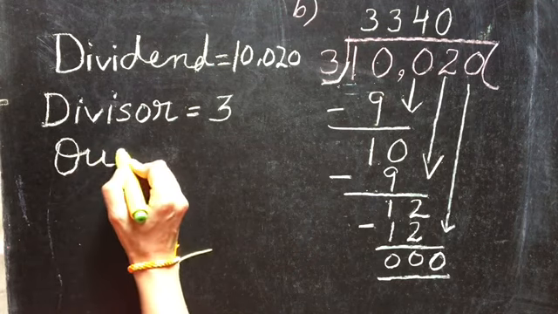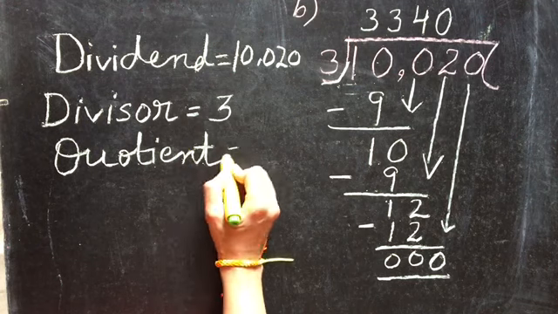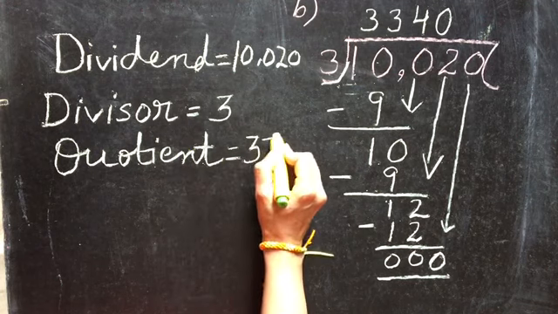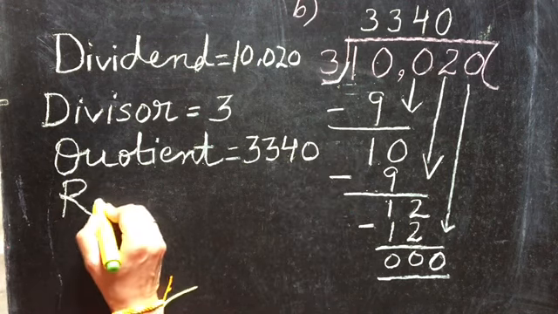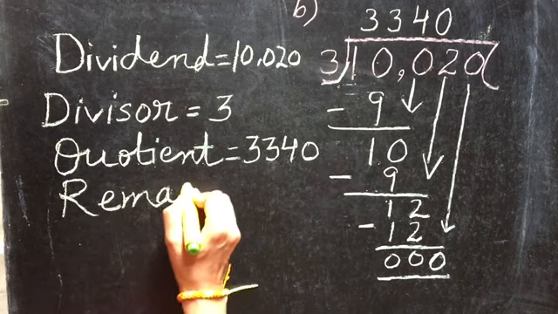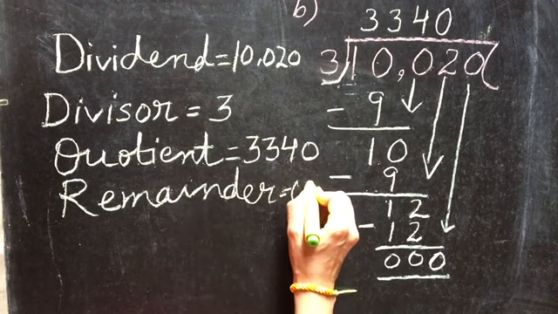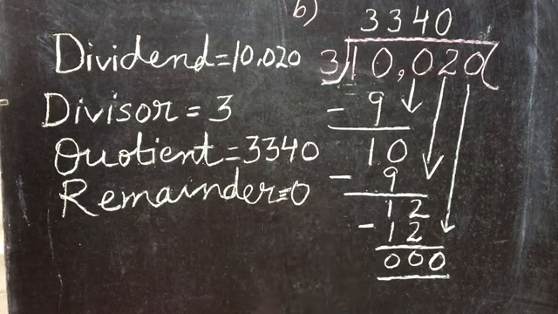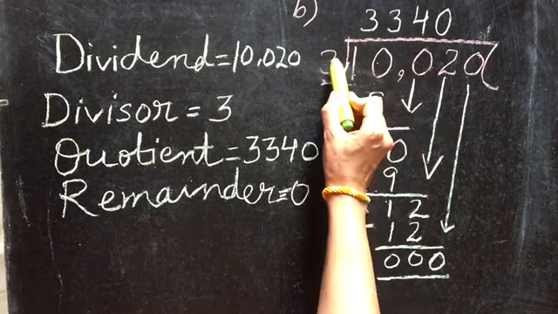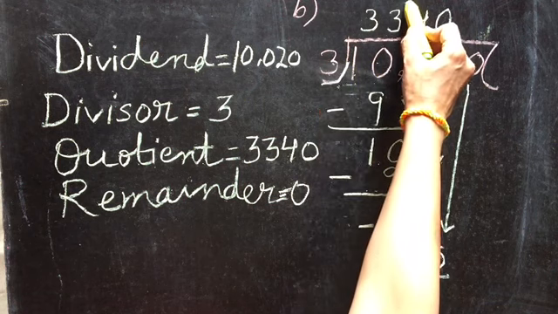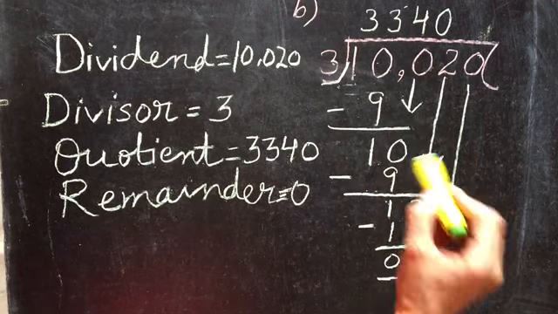Quotient, the answer of the sum of division, is 3340, and remainder, the leftover, here is 0. Fine. So this way, this is the dividend, this one is the divisor, quotient and remainder. These are the 4 things which you should know.